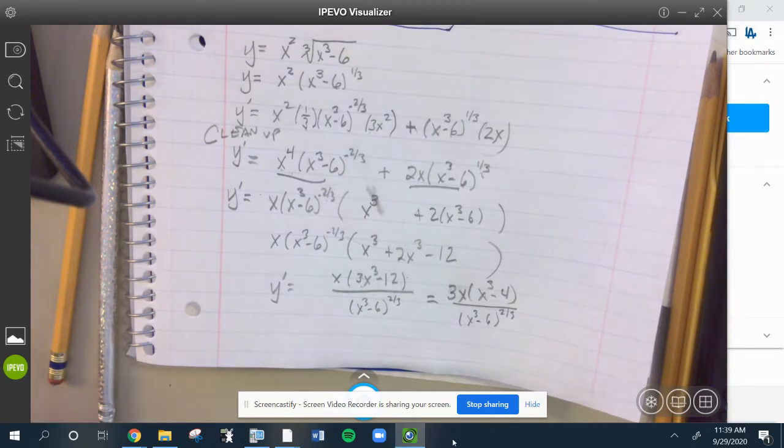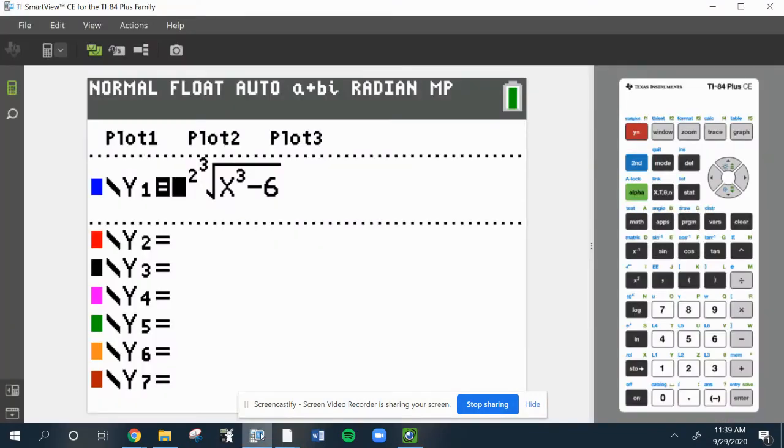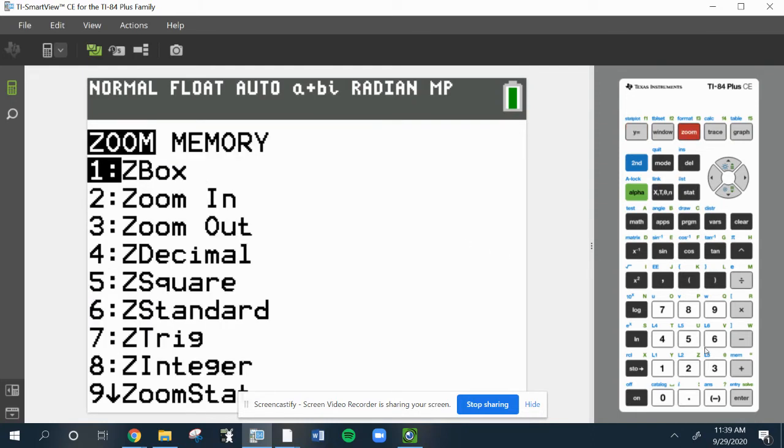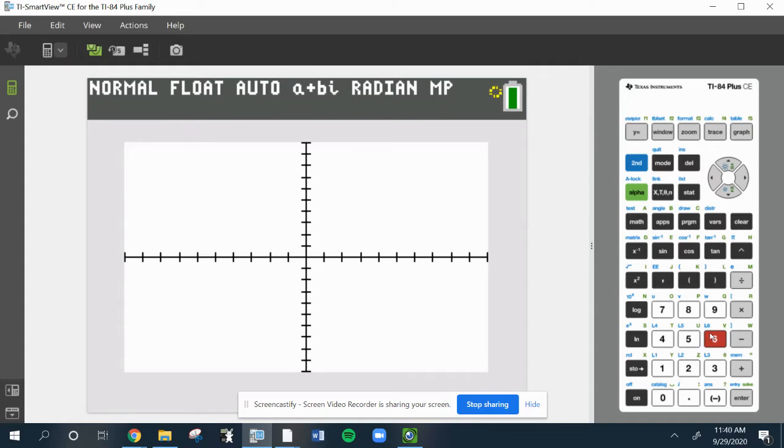So, as always, on the calculator, I'm going to type in, as you can see, the original function and calculate the derivative. Now, it is a cube root, but you can see that there's something going on here.